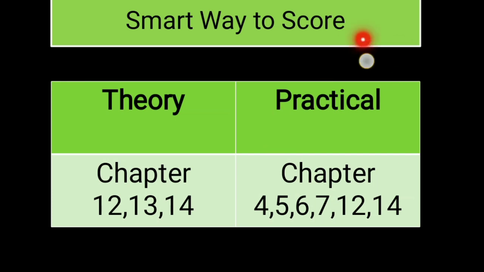We are going to just follow this practical and we can score 45 marks easily over here with the help of these 6 chapters. Now in case of the theory we are going to attempt question number 5, and for that we have to study chapter number 12, 13 and 14.